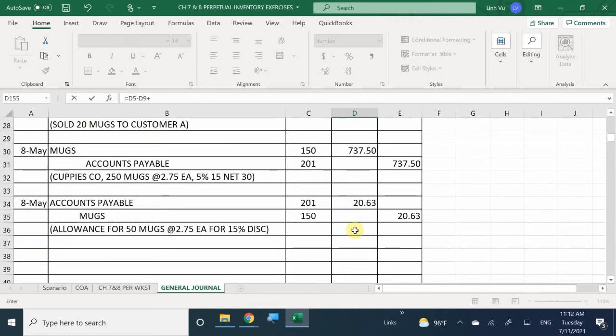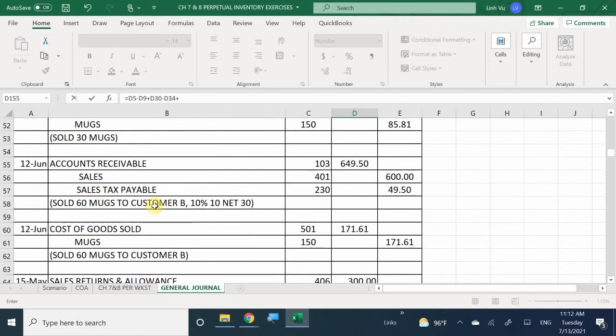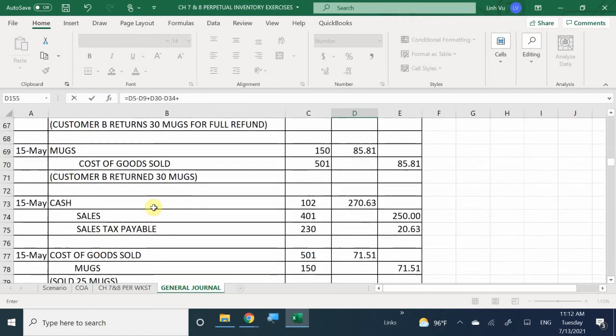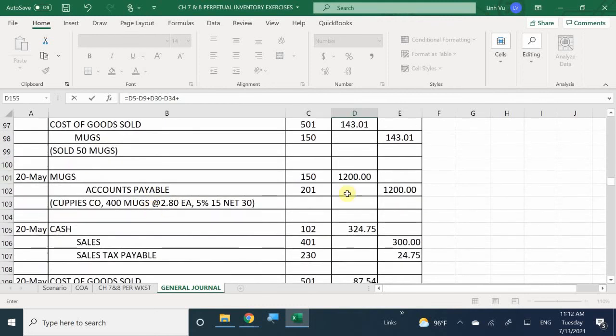How much did I charge my account once again? $737.50. However, once again, I got an allowance which reduced my amount by $20.63. And then last but not least, I purchased an additional mugs on the 20th, which I charged my account for an additional $1,200.